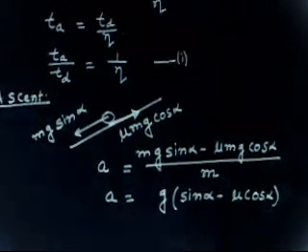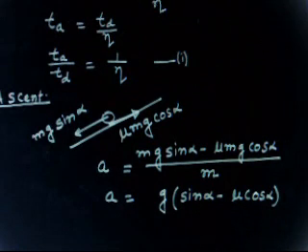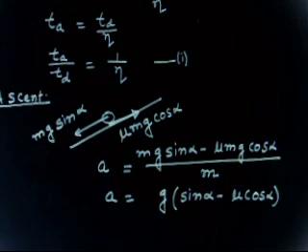So what is the time of ascent you will have? Let us apply v square minus u square is equal to 2as, but u is not given to you. So initially u is not given. So how will you solve?